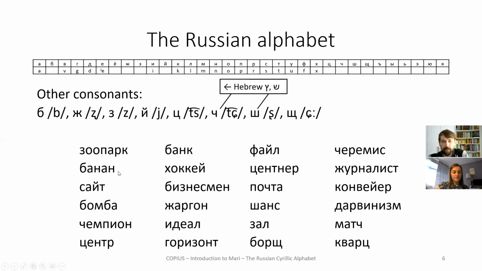банан, banana, сайт, site, like a website. бомба, bomb, чемпион, champion, центр, center, банк, bank, хоккей, hockey, бизнесмен, businessman, жаргон, jargon, идеал, ideal, горизонт, horizon.